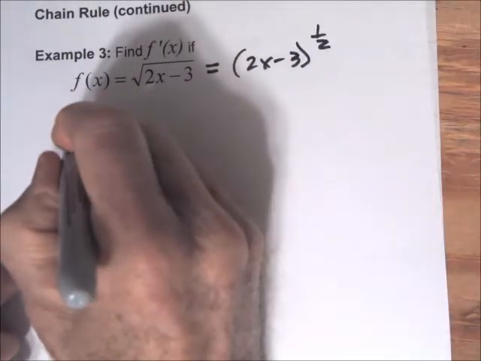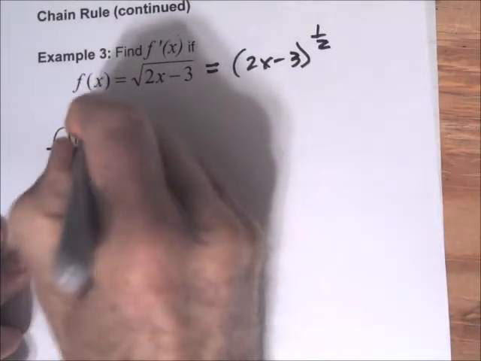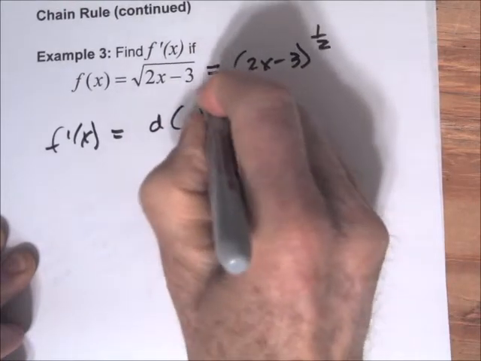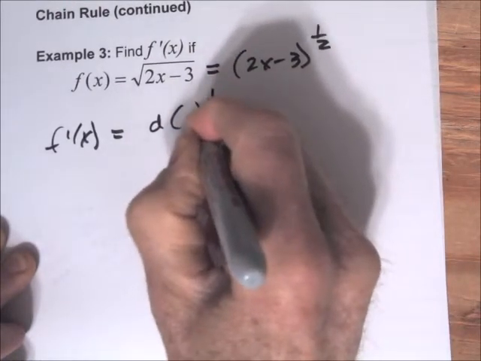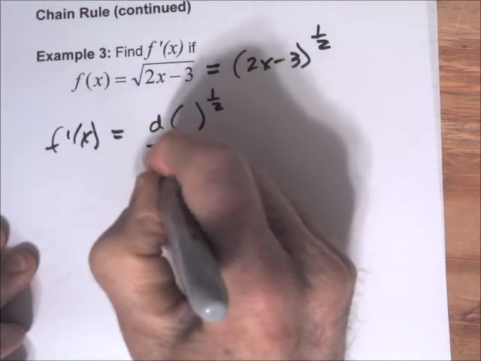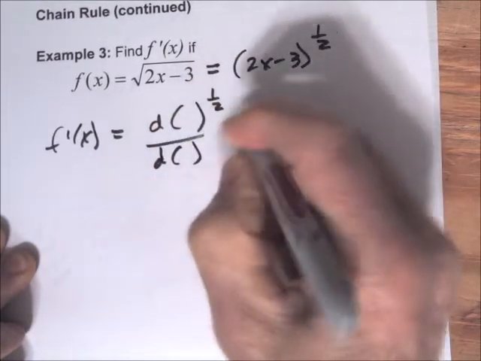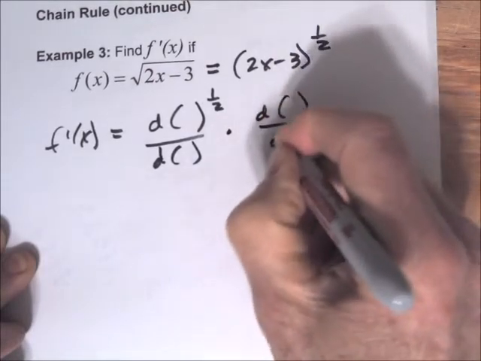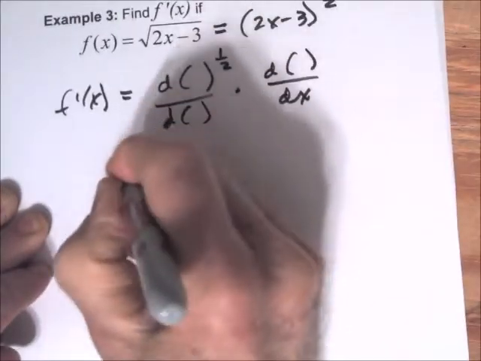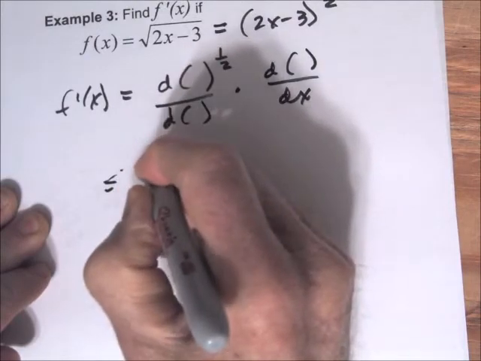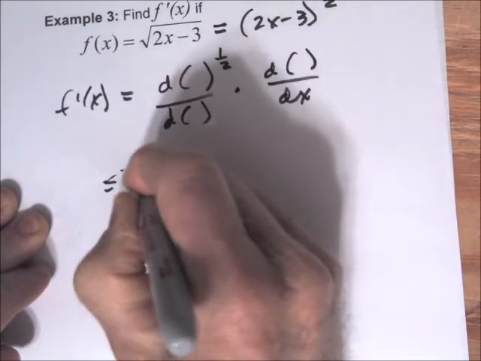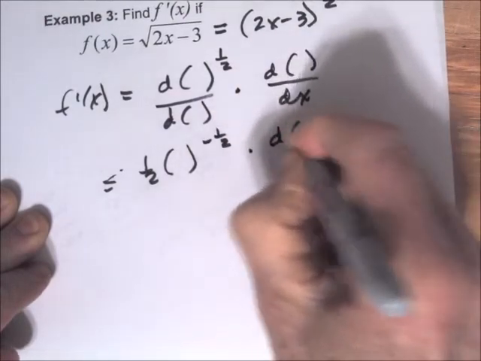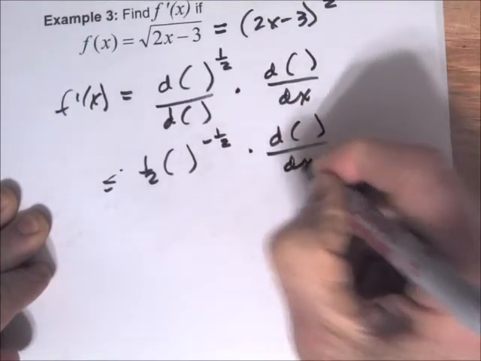So again, f prime of x is going to be the derivative of whatever's inside to the half power with respect to the inside function times the derivative of the inside function with respect to x. So this is going to be 1/2 times whatever is inside to the minus 1/2 times the derivative of the inside with respect to x.